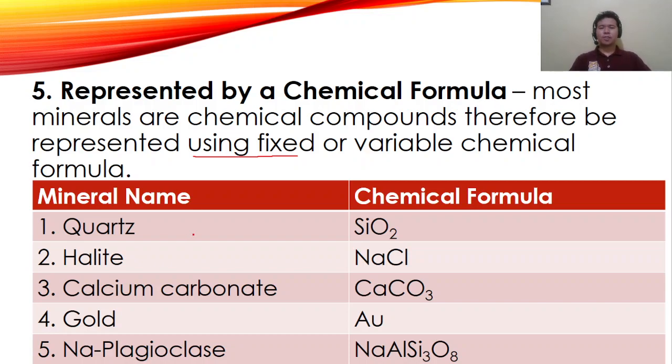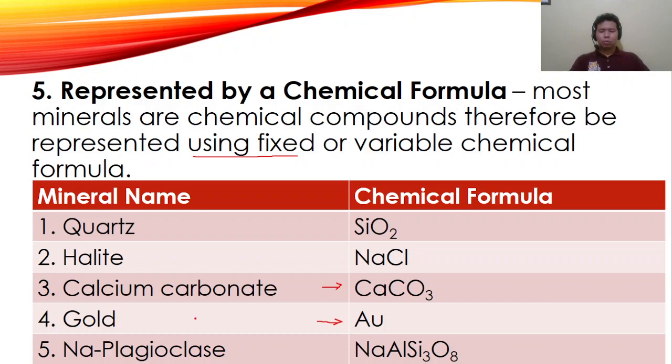Let's say, for instance, quartz. It is made up of silicon and oxygen. For halite, it is made up of sodium and chlorine. For calcium carbonate, it is made up of calcium, carbon, and oxygen. For gold, it is usually a pure element from aurum, or gold itself.